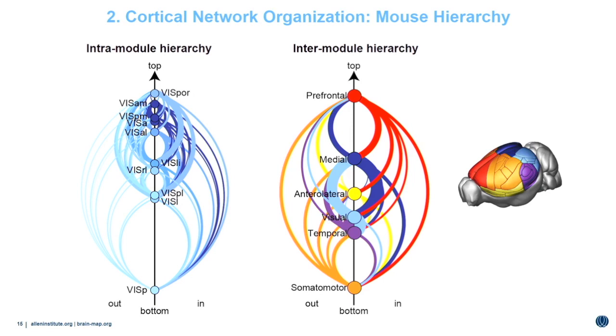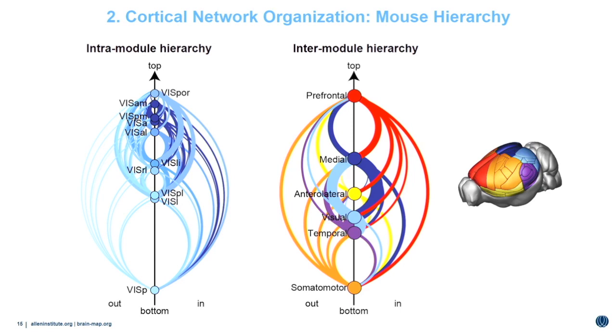Here is an example of the intramodular hierarchy from the visual module. When we constructed the hierarchy within this module based on the previously explained method, we see that the primary visual areas are at the bottom of the hierarchy, and other higher visual areas are at the top.